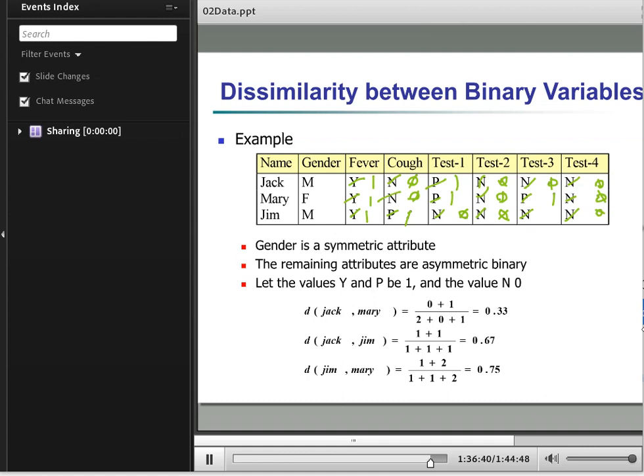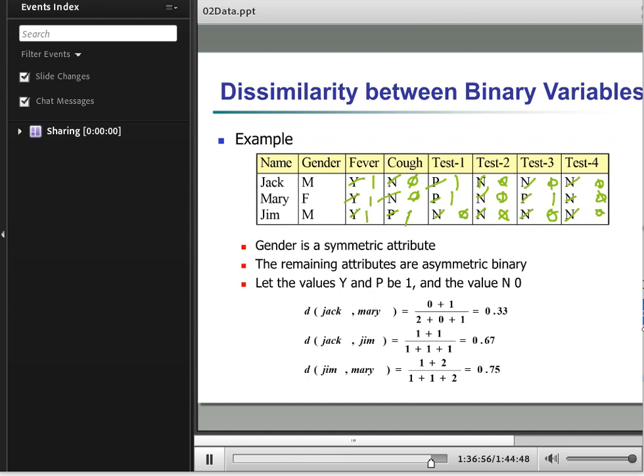Okay, firstly I replace positive or yes with 1 and negative with 0. Now I can compare them easily.